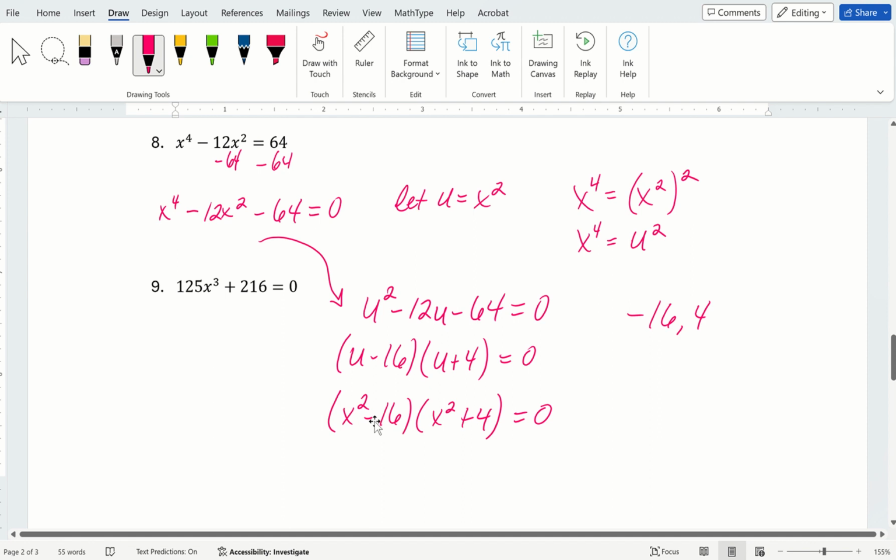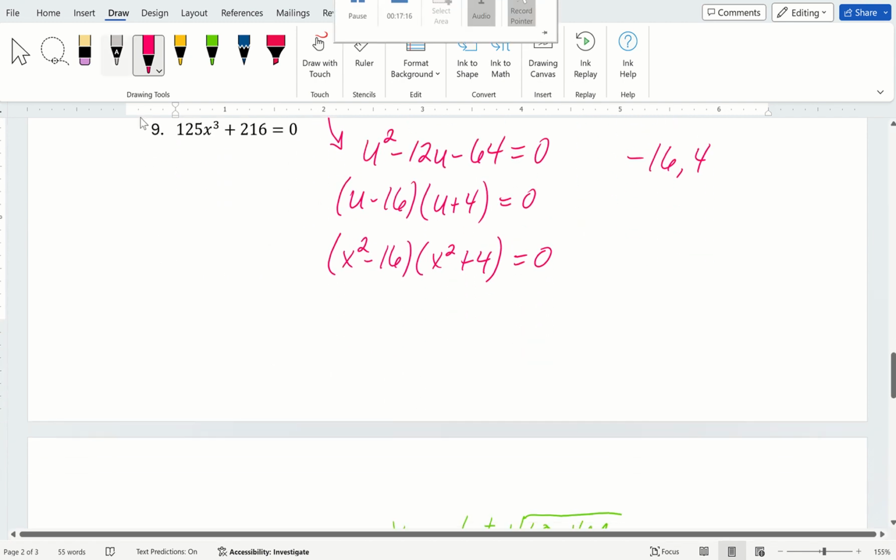Okay, so now I have inside the parentheses two terms. So I have to ask myself, do I have a difference of perfect squares? And the answer is right here, yes. Here, no. This is not a difference of perfect squares because I'm adding, but I can factor this out further.